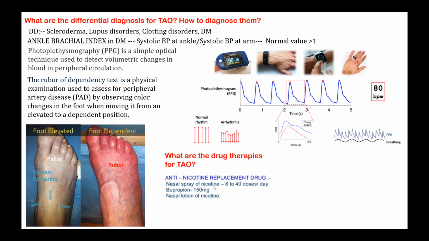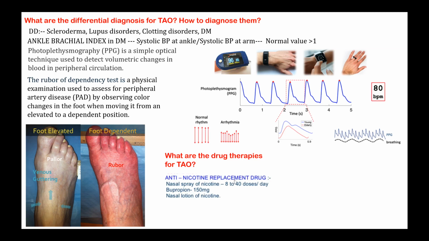And the treatment that you can do for PAOD is nicotine replacement for those who cannot stop or avoid smoking. It's like your de-addiction. You can do a nasal spray of nicotine, 80 to 40 doses per day, a drug called bupropion 100 milligram, nasal lotion of nicotine.